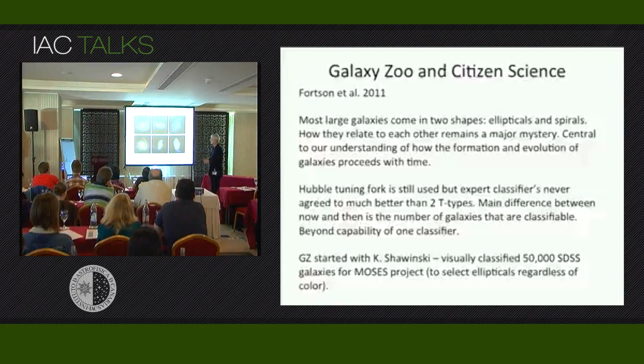So there were people like Kevin Schawinski who wanted to look at large numbers of Sloan galaxies in order to find elliptical galaxies that were blue and not red, because he was interested in them. And he looked at 50,000.